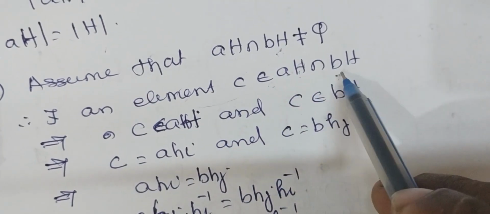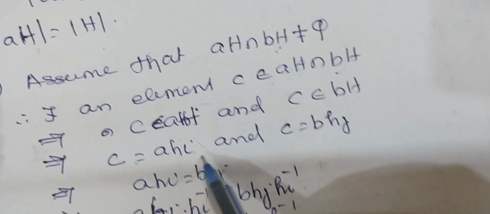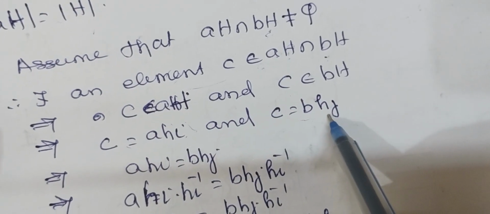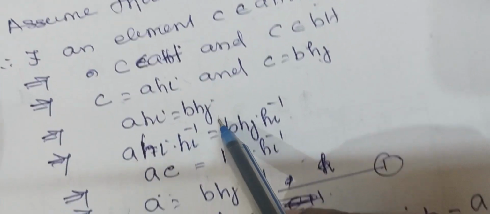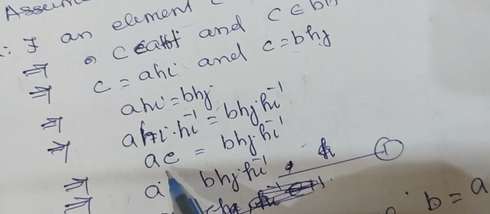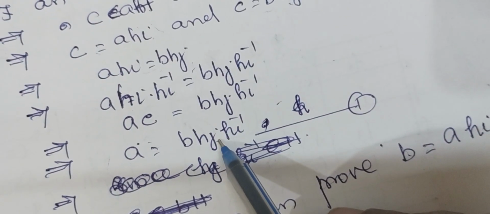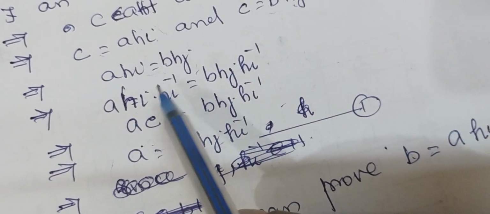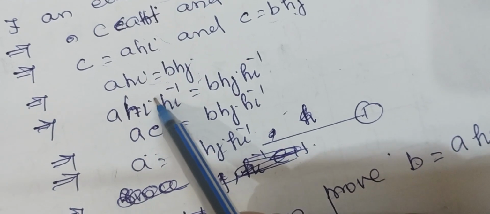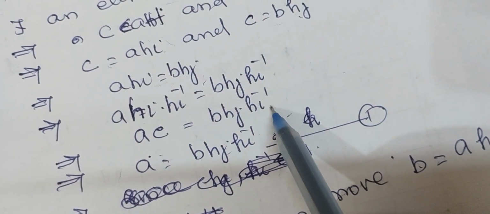These are the same, correct? c equals ah_i, c equals bh_j. That means ah_i is equal to bh_j. So operating with h_i inverse, that is a equal to bh_j h_i inverse. The h element is in the right position, so you should operate with the right position only.